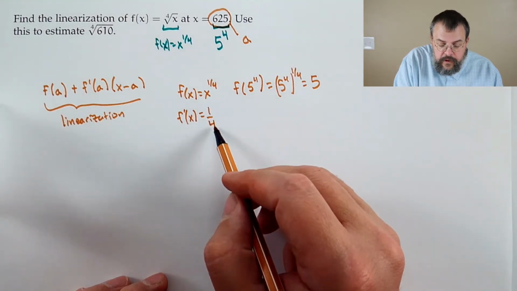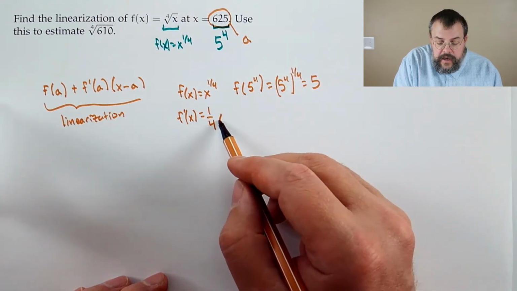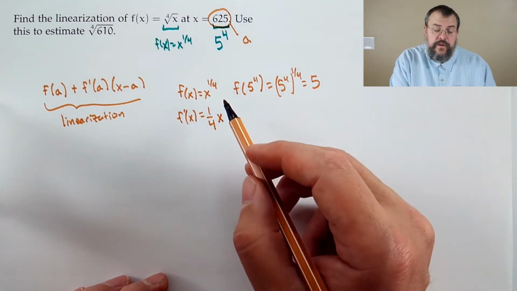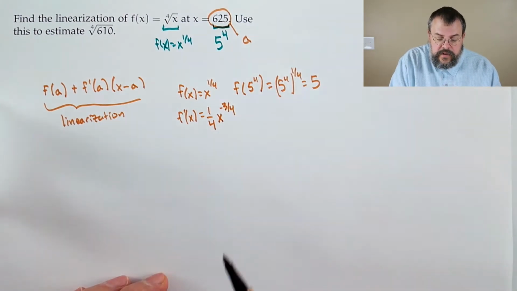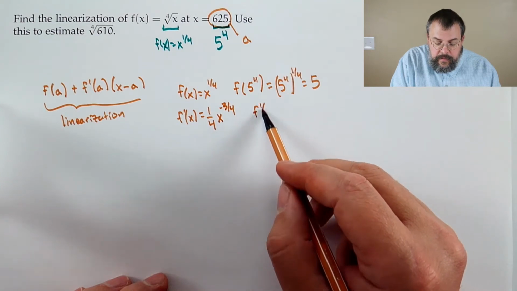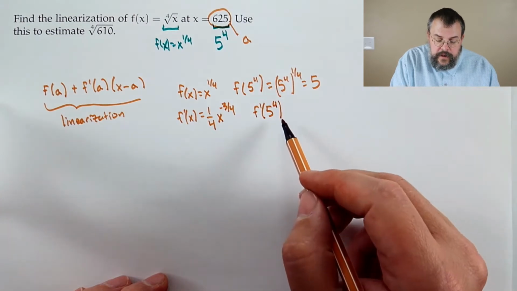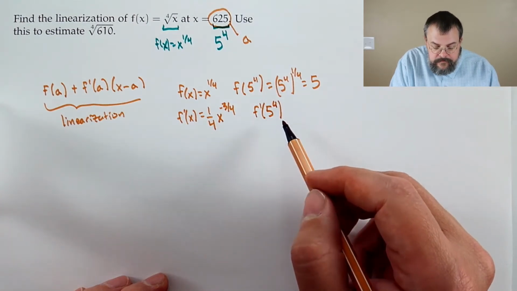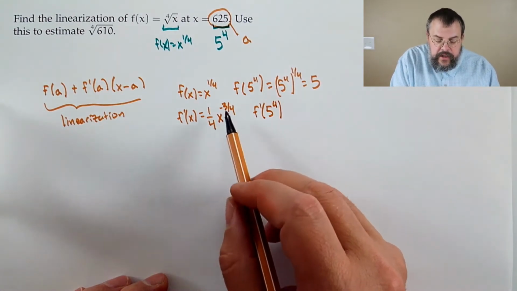F prime of x would be what? Well, 1/4, because the rule is bring the power down, so we bring the 1/4 down, x, and now you subtract 1. So 1/4 subtract 1 would give us negative 3/4. So, well, time to do a little bit of math here. Plug in 5 to the 4th. Well, let's think about this. It might be helpful for us to think about how to write this.